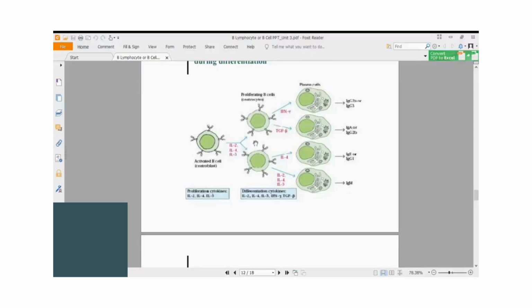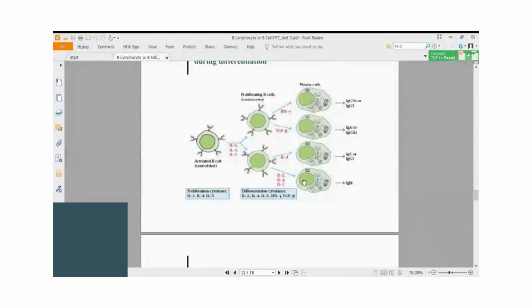Therefore, IL-6 is called B cell differentiation factor. So that B cell differentiation factor makes the centroblasts, which have now become centrocytes, which will not divide further but do have high affinity receptors on their surface, transform or differentiate themselves into plasma cells.